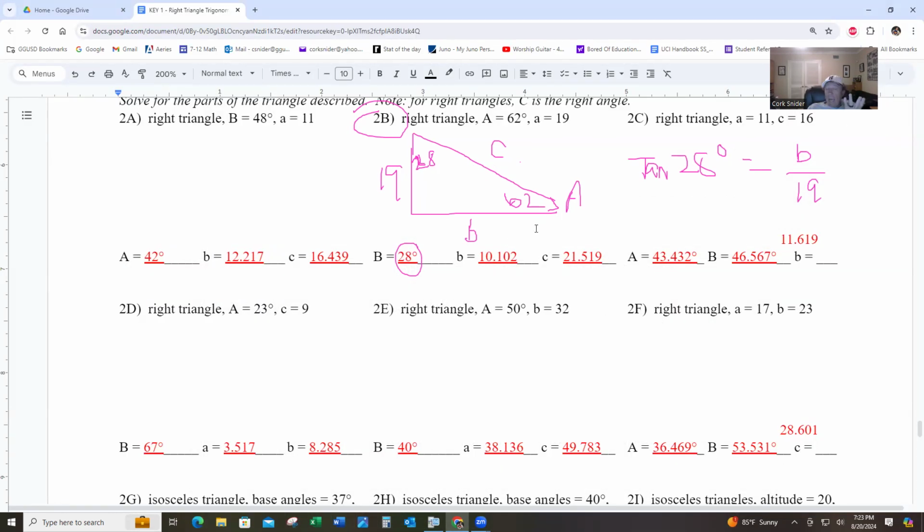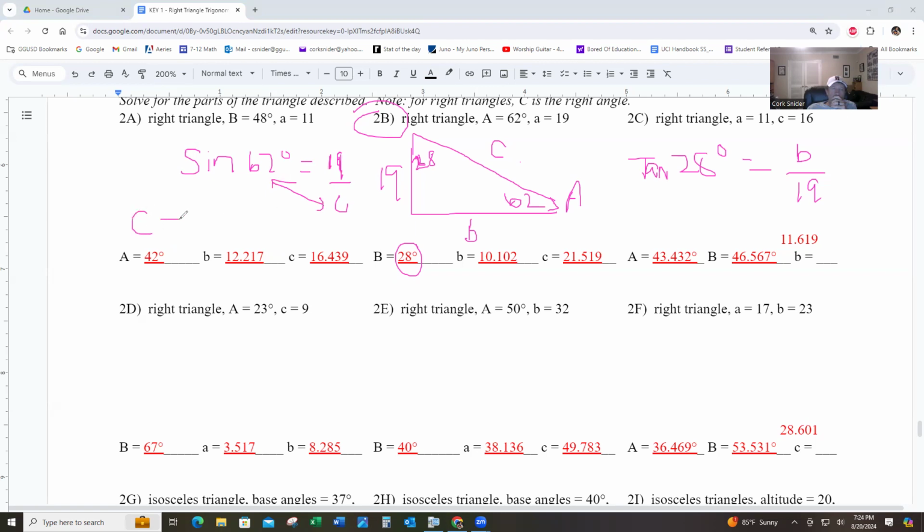Now for C, you got options. I'll do the sine of 62 degrees equals the opposite, 19, over the hypotenuse, which is C. Now, using simple math, I'm going to switch these two.